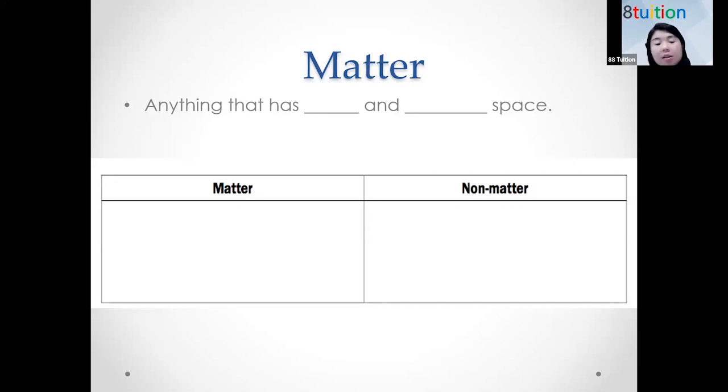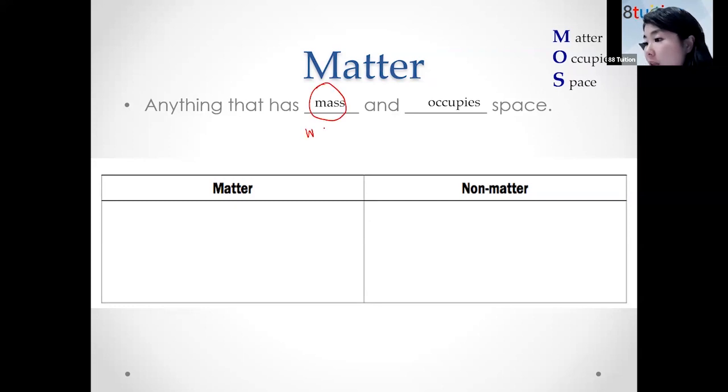It takes up space. So you need to know that all matter, every single kind of matter, solid, liquid, and gas, must have mass and must occupy space. In order to know whether something is matter or not, it must have mass and it must occupy space. What is mass? Mass is weight.